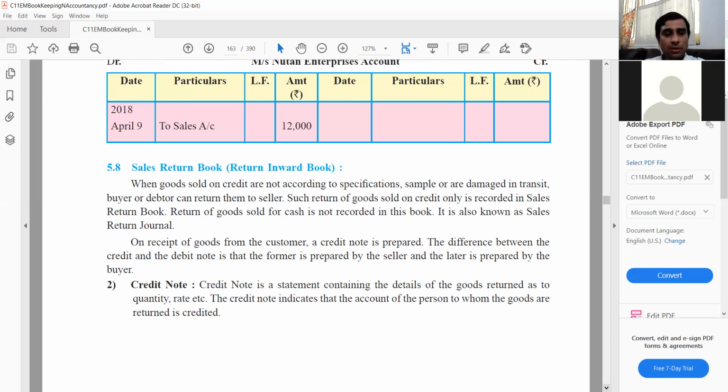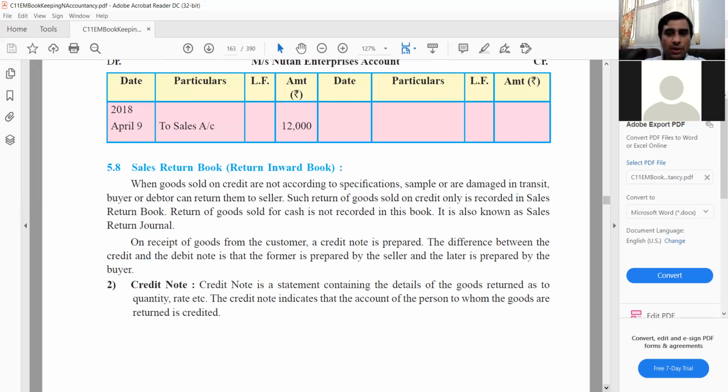These are important technical terms which you will need to know right until the end of your accounts career. So debtor, creditor, never get confused. You've got to remember: a debtor is the person to whom I sold goods. Once you sold goods to somebody, it means you need to take money from that person.